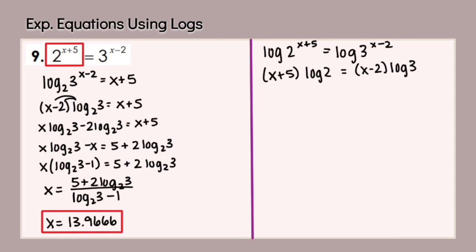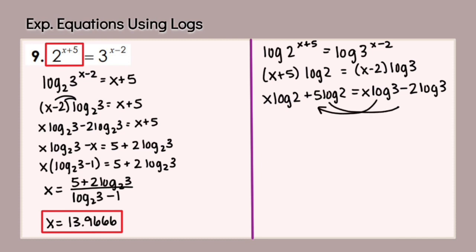Then we will distribute, similar to the last method, x log 2 plus 5 log 2 equals x log 3 minus 2 log 3. And then, again, similar to the last time, I want to bring everything with an x to one side and everything without an x to the other side.